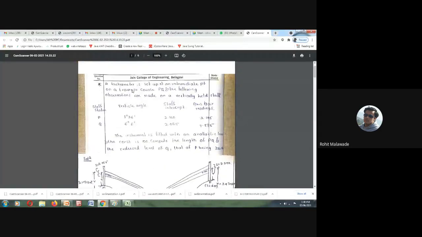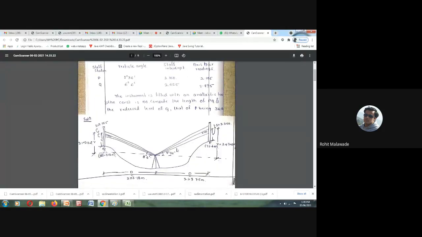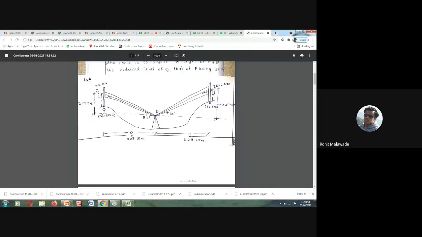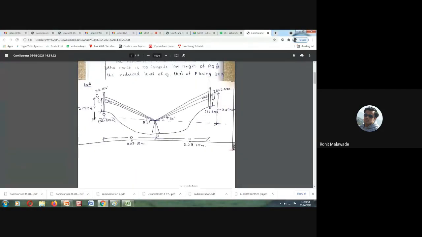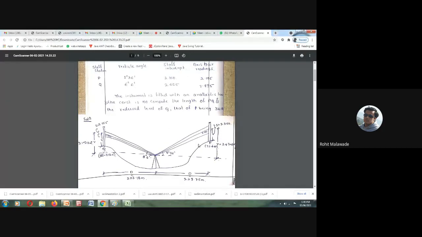A tachometer is set up at an intermediate point on a traverse course PQ. An intermediate point is nothing but the in-between point between the two staff stations.